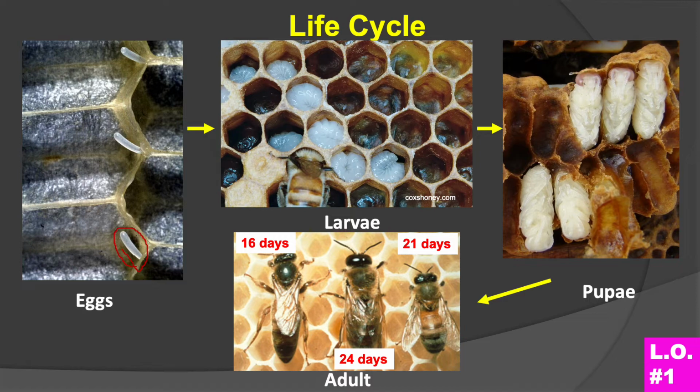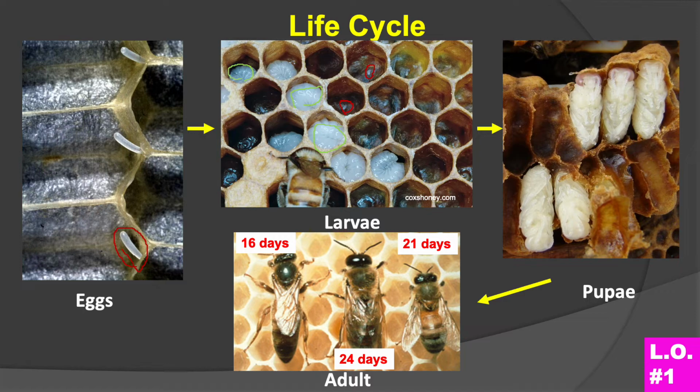So if you're looking directly into the cells here, here's an egg, and here's another egg. Once these eggs hatch, they hatch into larvae, and the larvae should look white, glistening, and very plump looking. That's important to understand, again, what the normals are. You expect those larvae to look white, glistening, and plump because abnormalities in those appearances will be consistent with the diseases that we're looking at.